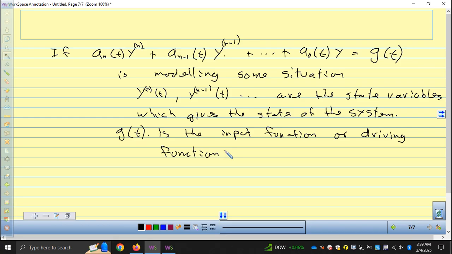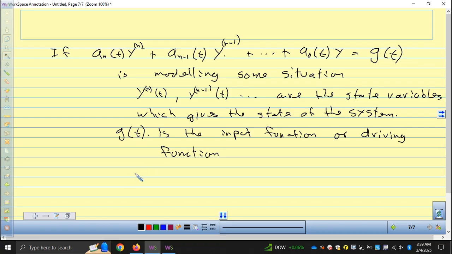You have something heated, and you have some external heat source that varies in time. The heat goes up, the thermostat goes off, the heat goes back down. The temperature gets to a certain position, the thermostat comes back on, the heat goes back up. So your driving function might be the thermostat, and your input function might be some kind of periodic function of time.